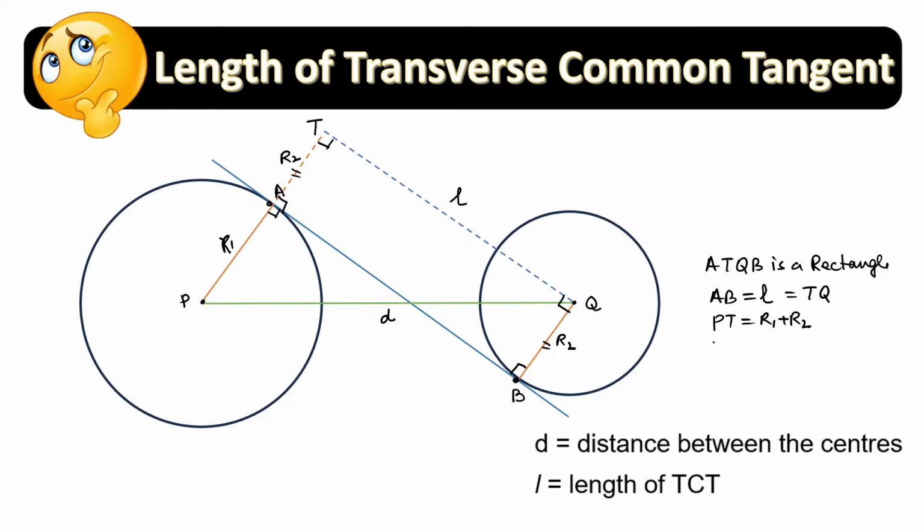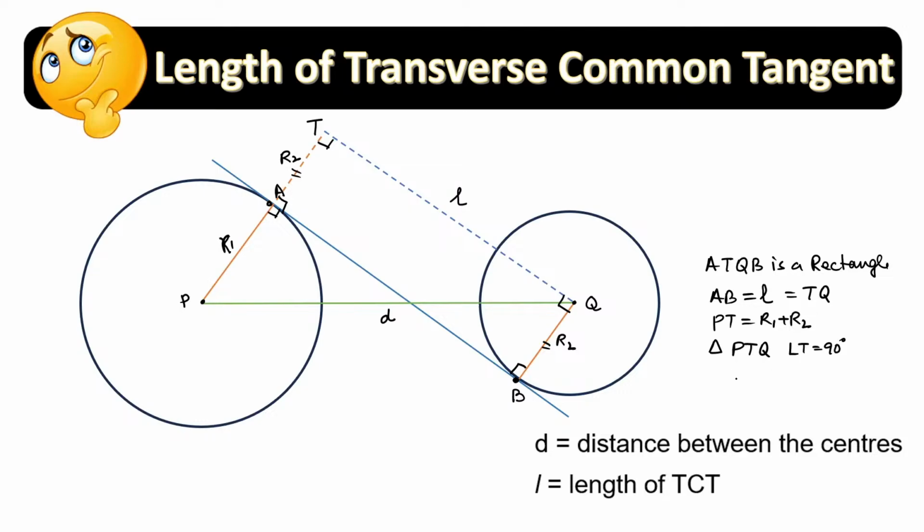Now, if you observe the triangle PTQ, we find that angle T is 90 degrees. Hence, it is a right angle triangle whose hypotenuse is PQ, which is the distance between the two centers of the circles.